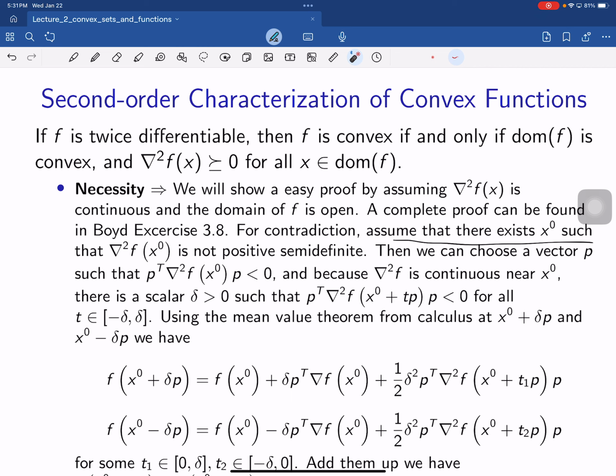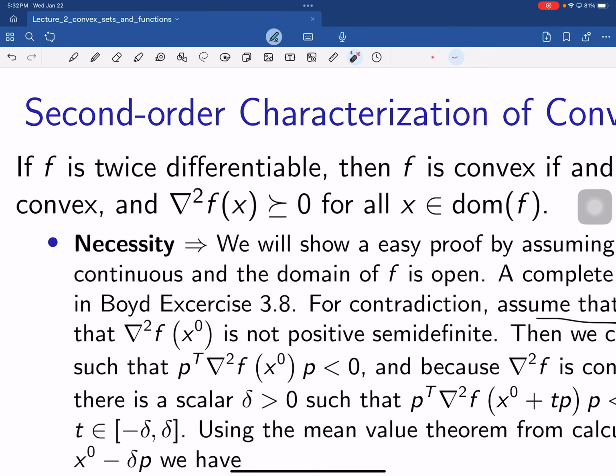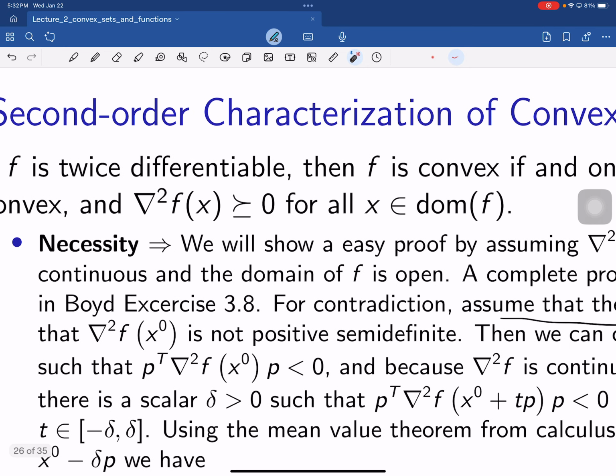Now you want to do something that shows this function is non-convex, right? So intuitively or geometrically, this argument means there exists a direction P such that if you consider the function on this direction P, the curve is not convex, right?